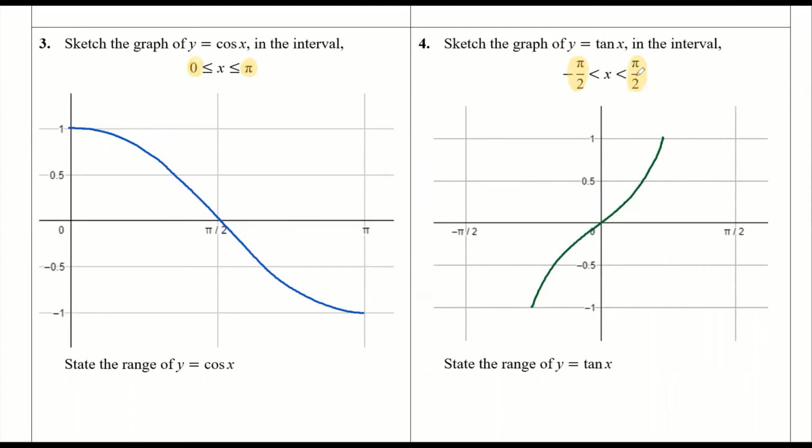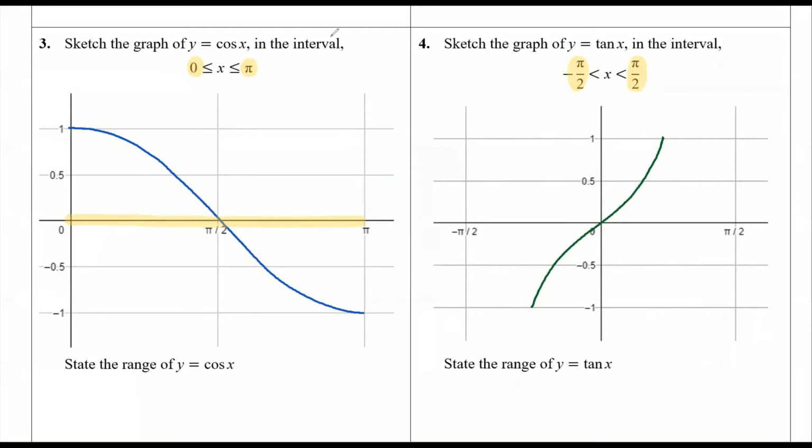So I've sketched the graph of cosine. Just be careful for this domain here. Just be careful with your sketch. Make sure you don't draw a full period of cosine, of course, because remember, cosine is 0 when x is pi over 2. And we can state the range as well.